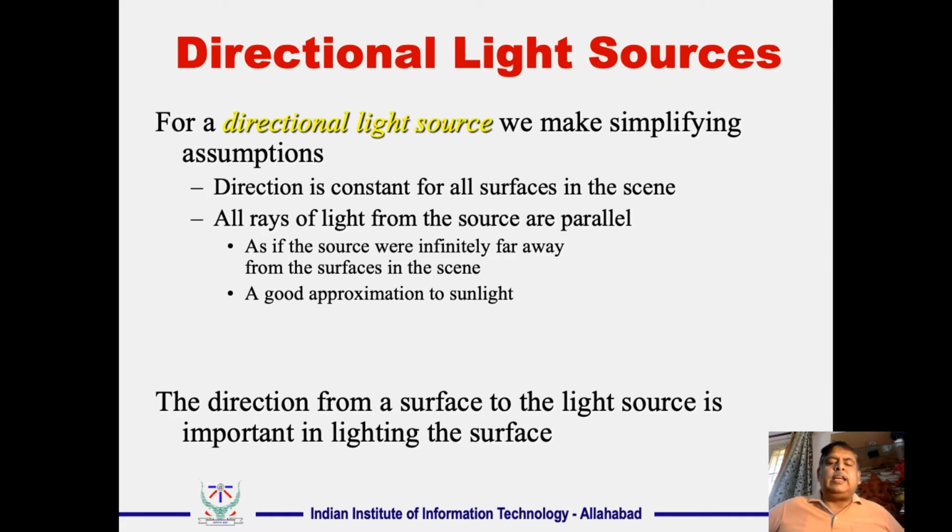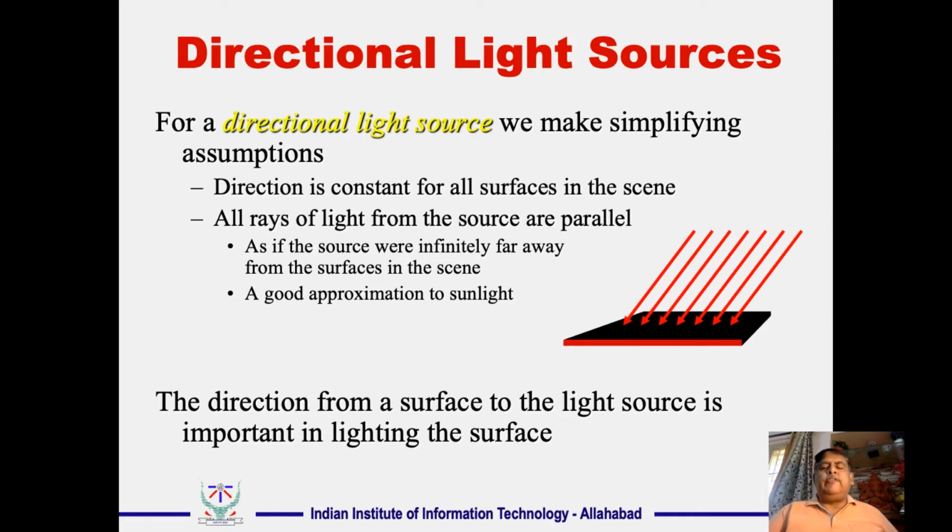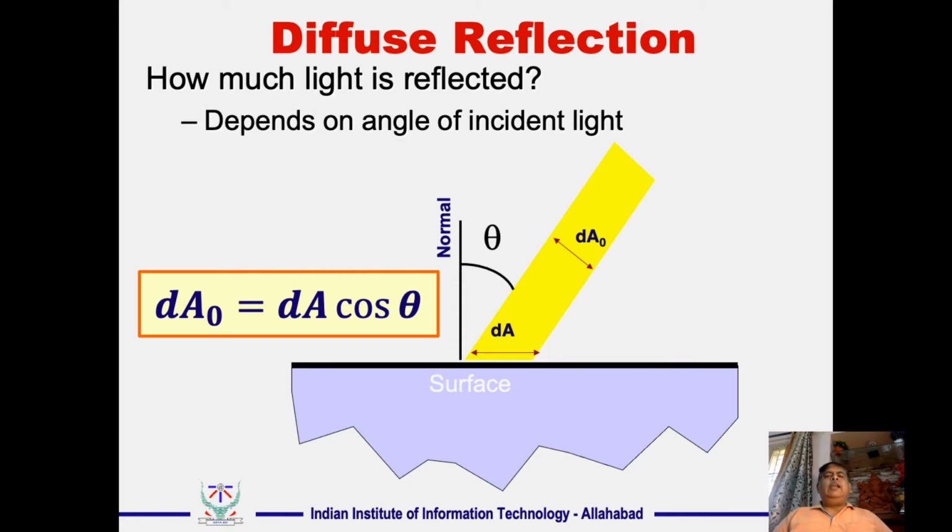Now, since the rays are coming parallel, there is a single direction or a single angle theta in which the light is hitting the surface, the angle theta being the angle of the incident beam to the normal of the surface. So here you have the parallel rays hitting the surface. Now let us assume a diffuse reflection.